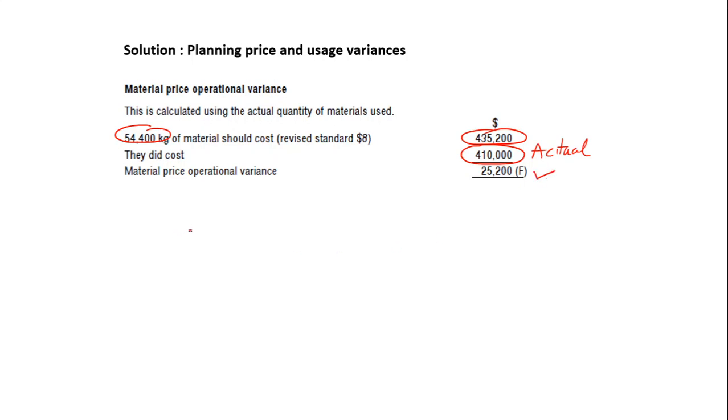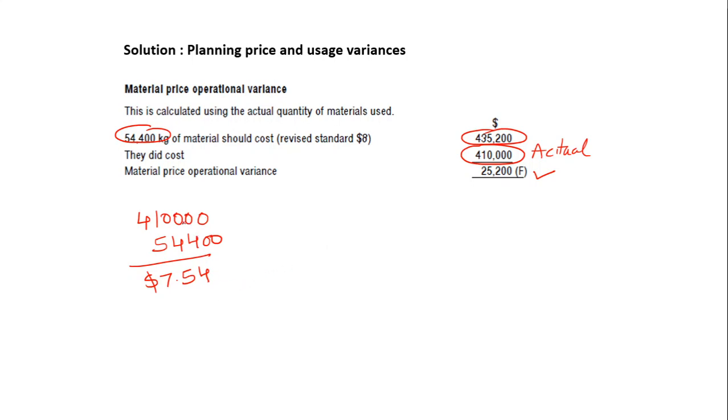Another way of calculating this is you could divide $410,000 by 54,400 kgs and you'll get the cost per kg. So let's just do that quickly. So what we get over here is roughly 7.54. Now remember, this is a rounded off figure. In reality, the cost per unit is something much lengthier than this.